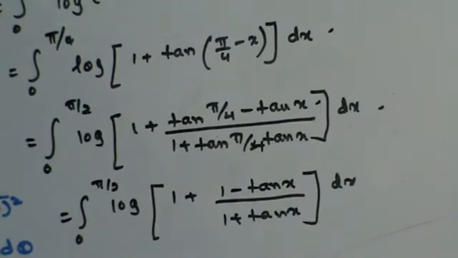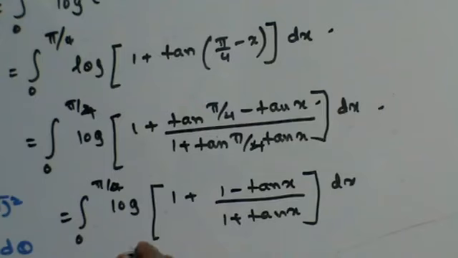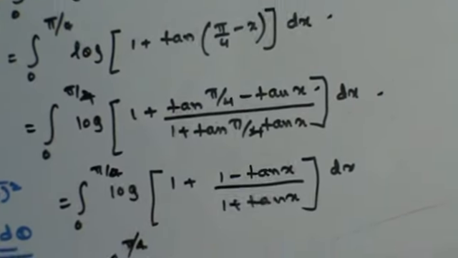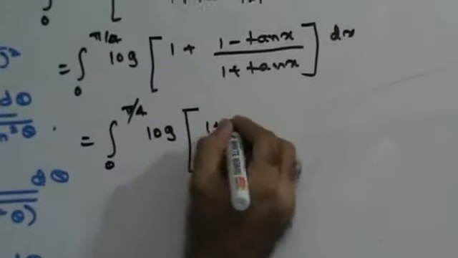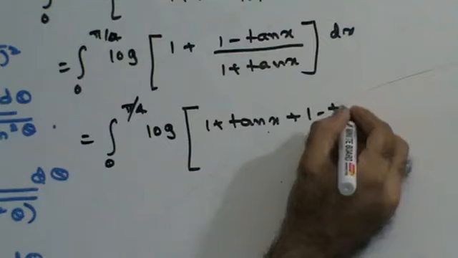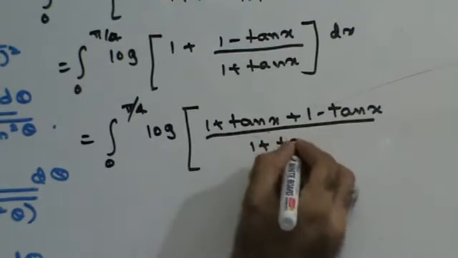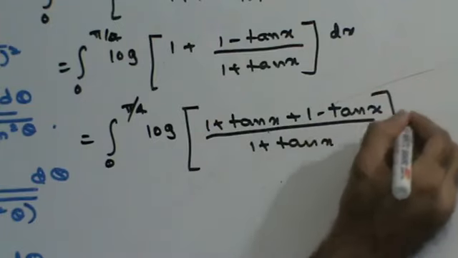Right? So in which case you will get this as 0 to pi by 4 log, this is 1 plus tan x plus 1 minus tan x upon 1 plus tan x dx.